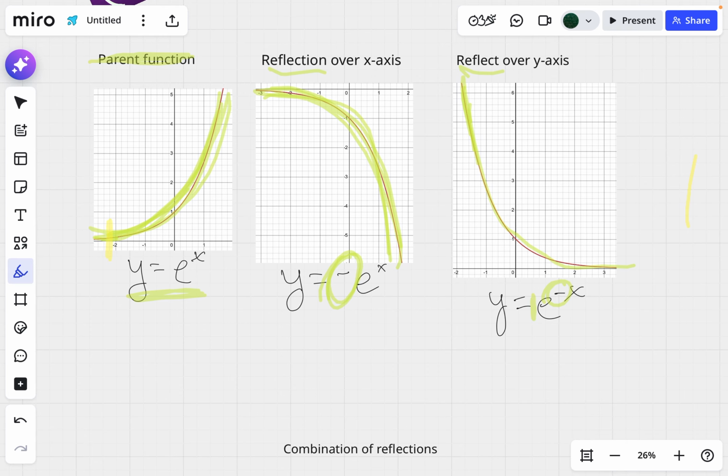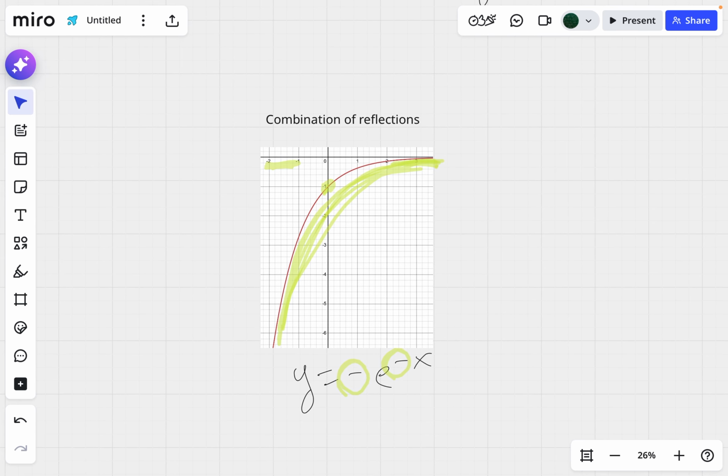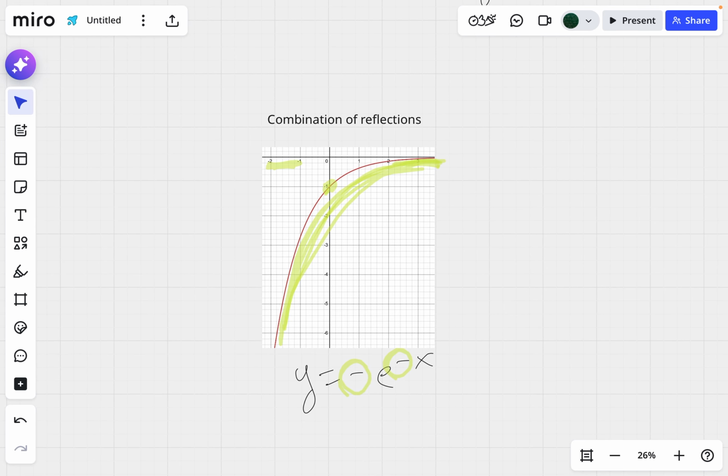Our x's are ranging from negative 2 to about positive 2, and you can get the general idea of the graph. And it happens again over here, negative 2 to positive 2. In that window, you're getting enough of the curve that you have an accurate graph. Same thing over here with the combination, negative 2 to positive 2.